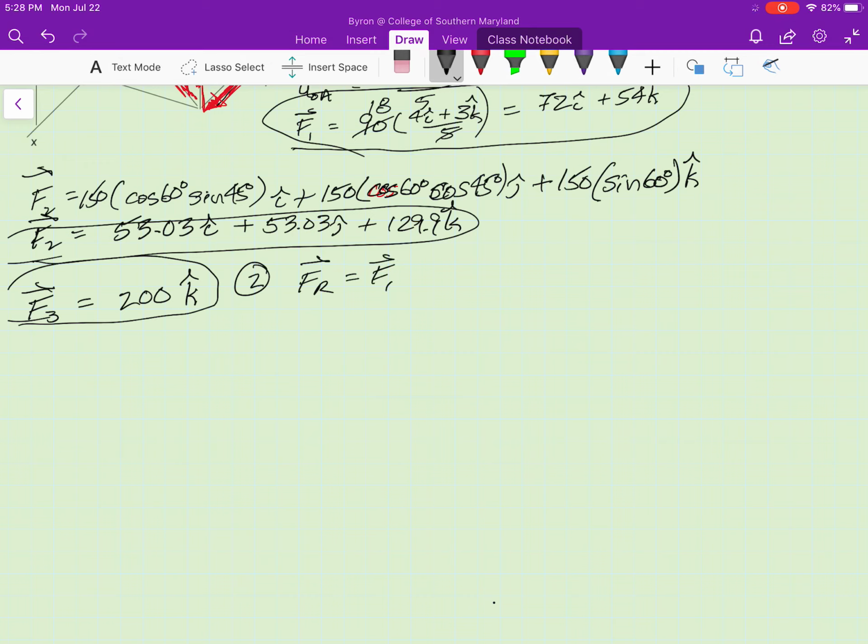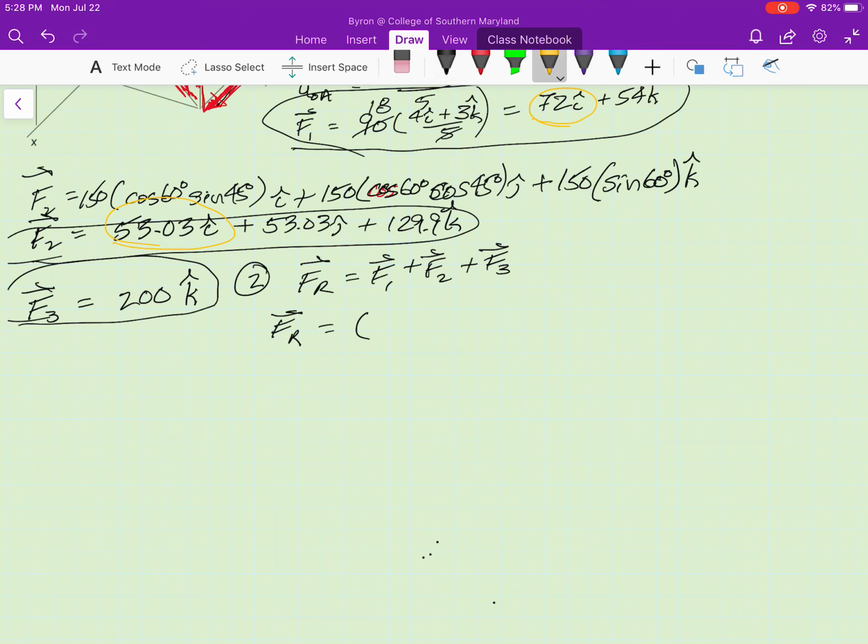In other words, the force resultant is equal to the sum of the three forces. And we are going to do that by adding together first the i terms, which is going to be 72i, and we can do these in colors here. We're going to add the 72i to the 53.03i. F3 has no i term.